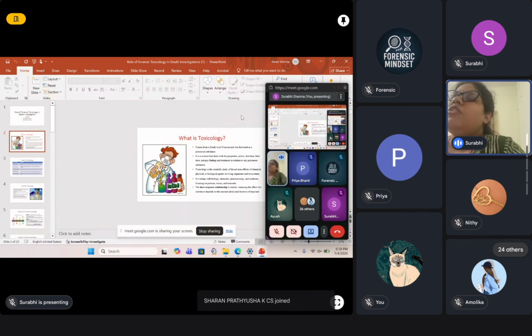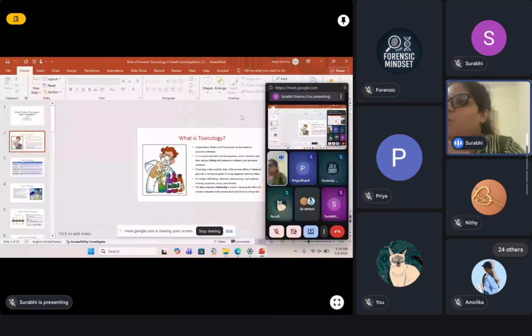Even you must have seen in mythological series or some movies where they used arrowheads to kill people, and those arrowheads were already treated with a poisonous substance because of which the person used to die. So it comes from the Greek word toxicon, meaning poisonous substances.